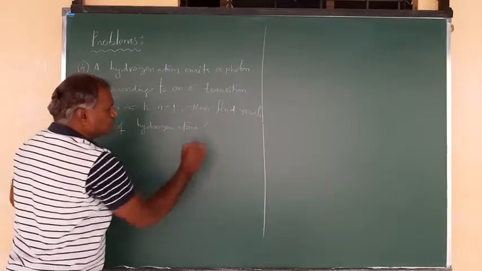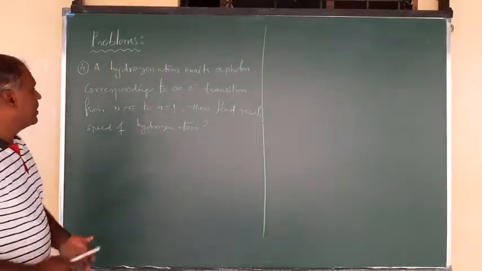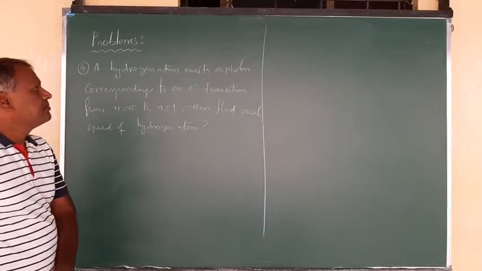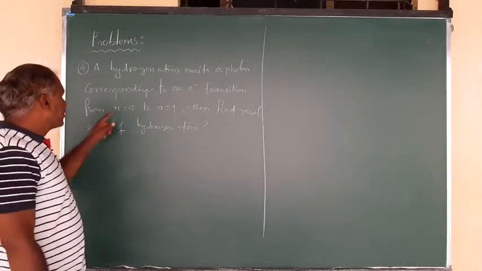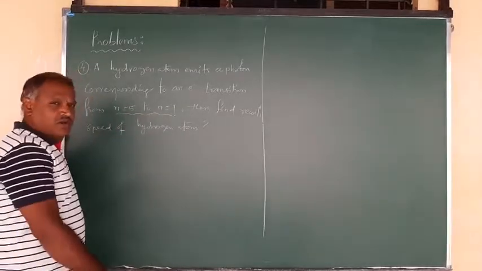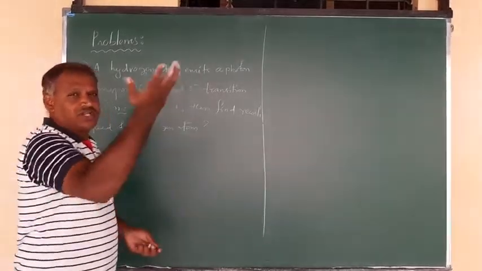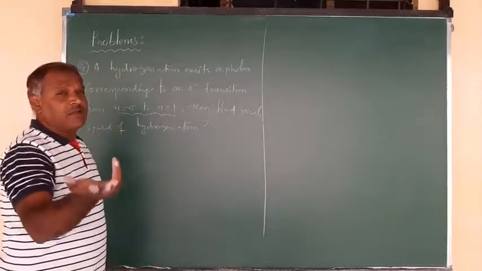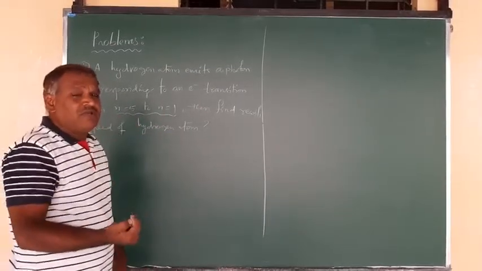So this is the question. Here a hydrogen atom makes an emission during the transition of the electron from where to where? It is from n is equal to 5 to n is equal to 1. So during that, the energy is radiated out. Because the radiation is emitted, the hydrogen atom will recoil.